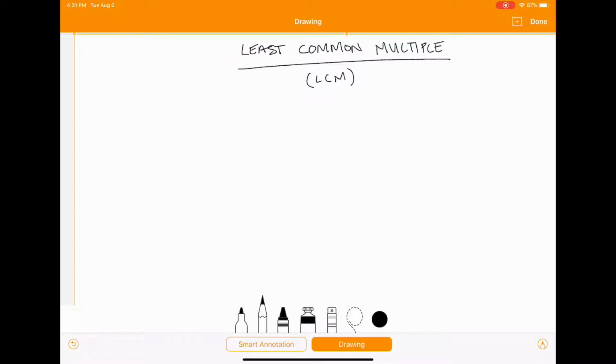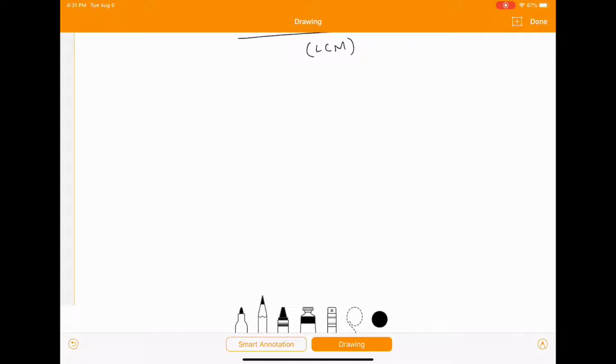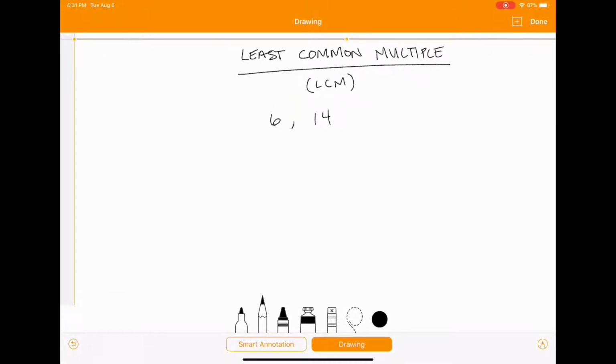So, in order to find your least common multiples, let's look at 6 and 14, let's say. And we want to find the least common multiple of those two numbers.